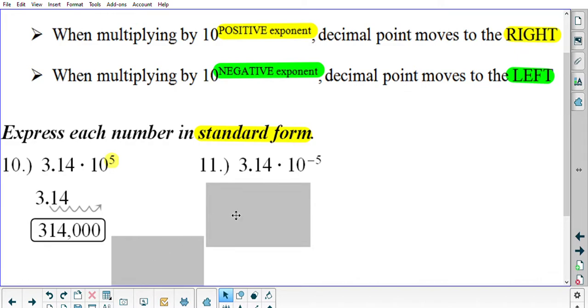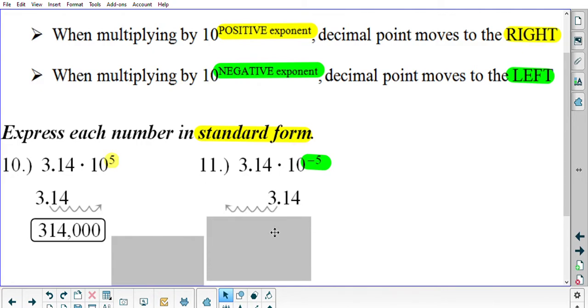Problem number 11. This time we have 3.14 times 10 to the negative 5th power. Like we saw above, when you multiply times 10 to a negative exponent, it will move the decimal point that number of spaces to the left. So the decimal point is going to go 5 spaces to the left.